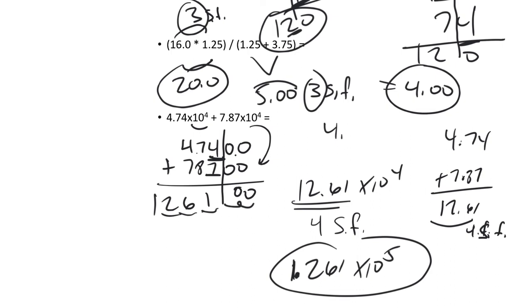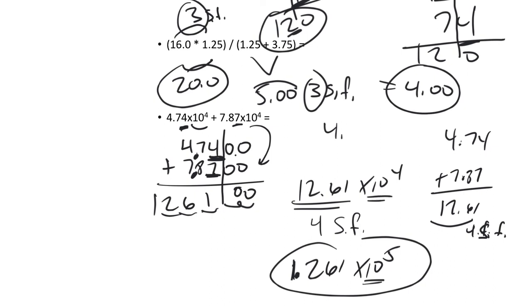Now, some students look at this and say, well, if 4.74 was good to the hundredths place, and 7.87 is good to the hundredths place, why aren't we rounding the result to the hundredths place? And the answer is that that approach is incorrect, because we changed the exponent. You can't change the exponent.